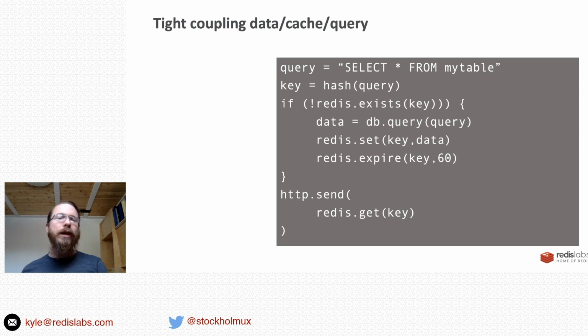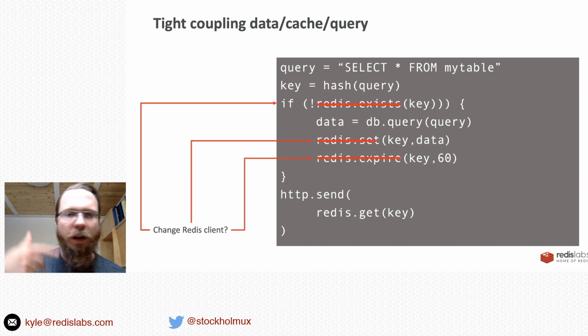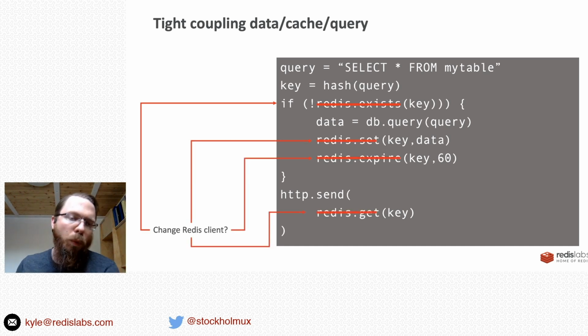Then we talk about tight coupling. This is something that's interesting and it shouldn't be overlooked. Really, there's a situation here where we have a problem with the tight coupling of a couple different things together. This is going to occur over and over and over again in your code. This is boilerplate functionally. If you change your Redis client, you're going to have a ton of code to change, which is not great.